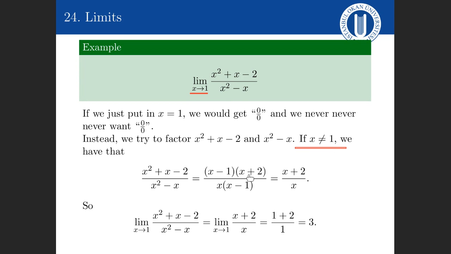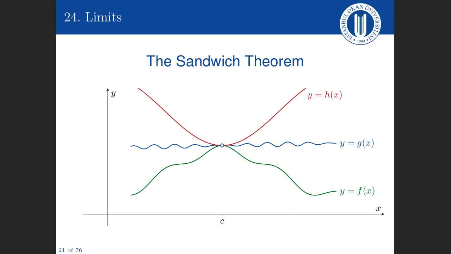Then we can factorize our function into x minus 1, x plus 2 divided by x, x minus 1, or x plus 2 divided by x. Now we have a function where the limit of the bottom is not 0, so we can use our technique and replace the value of x by 1 to calculate that this is equal to 3.